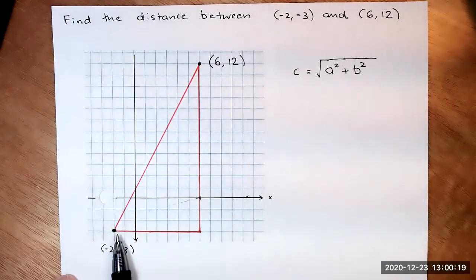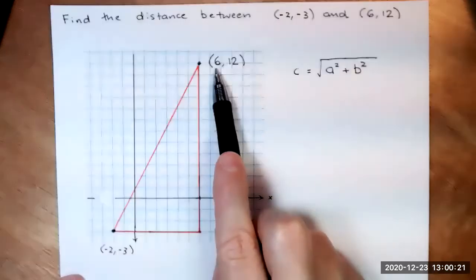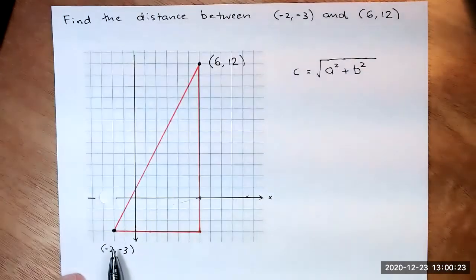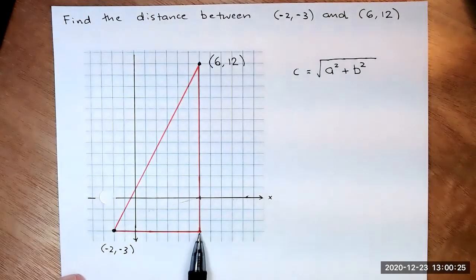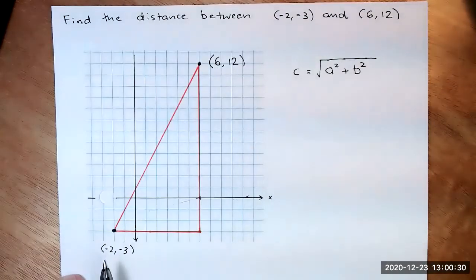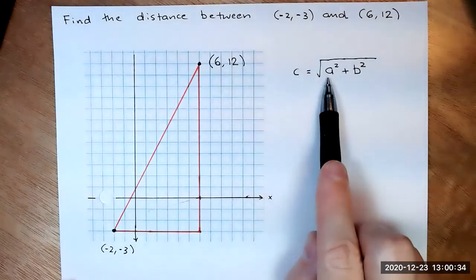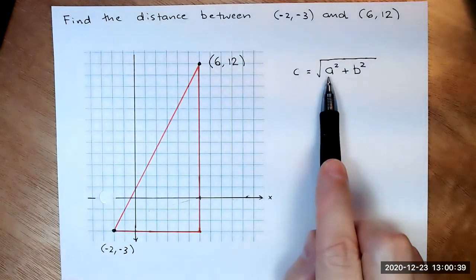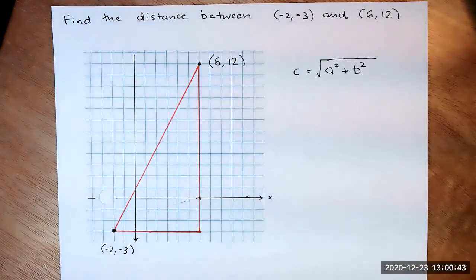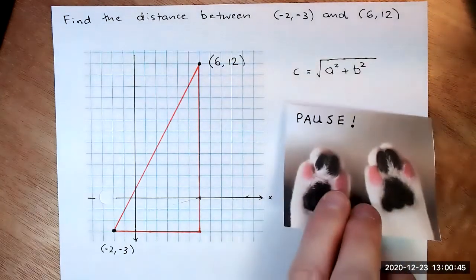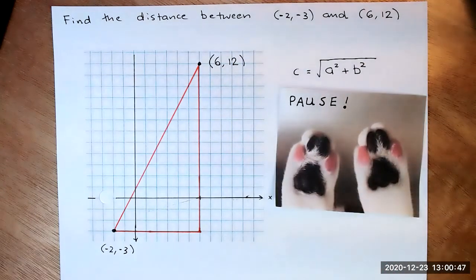So we're going to take the difference between -2 and 6. If you subtract -2 from 6, it'll come out positive. If you subtract 6 from -2, it'll come out negative, but it'll be the same number. We won't need to worry about that because once you square it, it'll become positive. Now, if you're feeling brave, go ahead and hit the pause button and finish it out on your own.